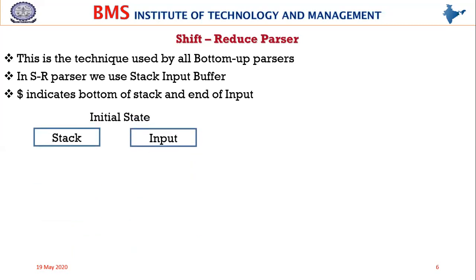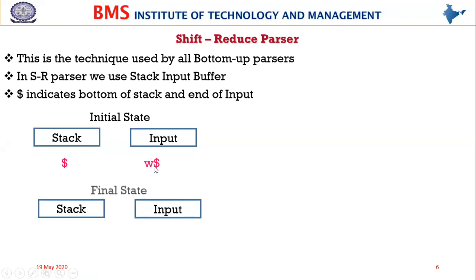Now see the example. When you start parsing, that's what we call the initial state. What will be there in the stack and the input? That's what is shown here. The stack will have dollar, which indicates the bottom of the stack. Input will have the input symbols followed by dollar. That is the string that is given for parsing, right? Depending on the top of the stack and the top of the input, we're going to see what is the action to be performed. Please understand, based on the top of the stack and the top of the input, the action will be decided.